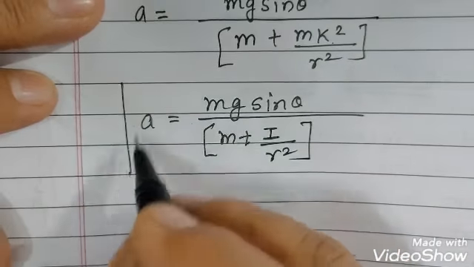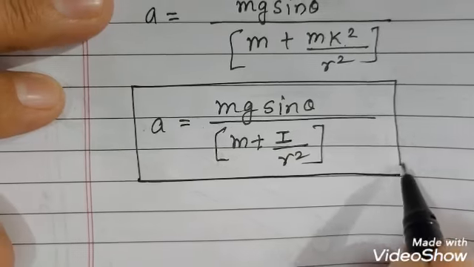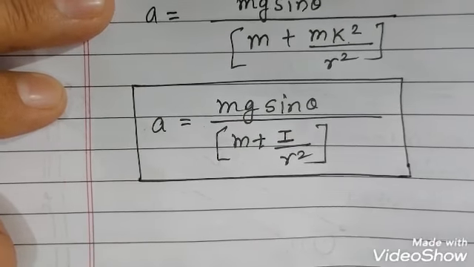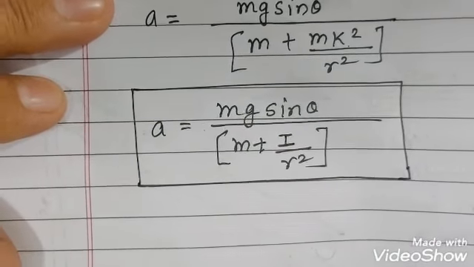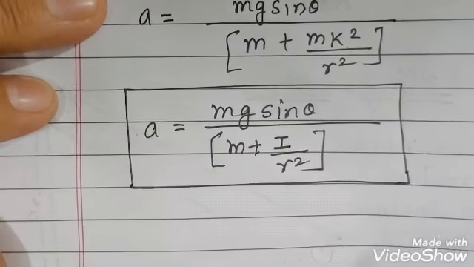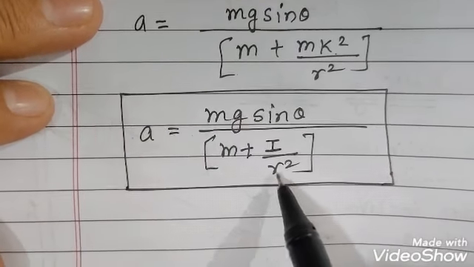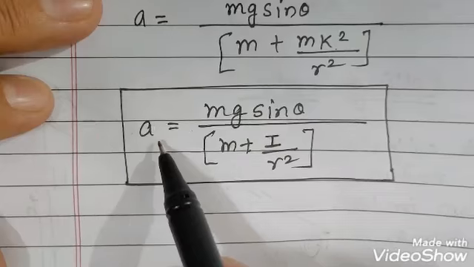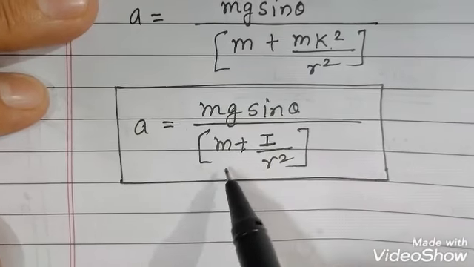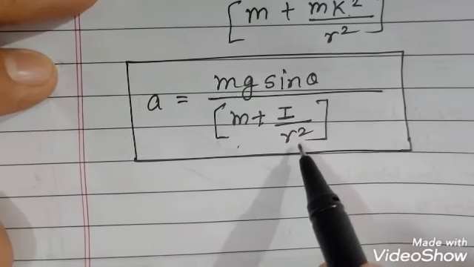This is another formula for the acceleration of a rolling body without slipping on an inclined plane, where the angle of inclination is theta, the mass of the body is m, and the radius of the body is r. So a equals mg sine theta upon m plus I upon r square.